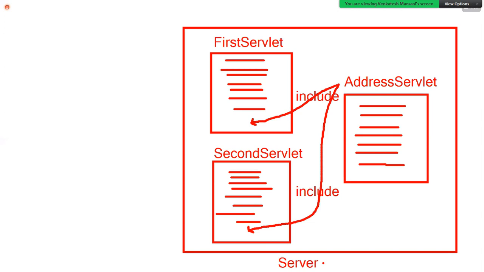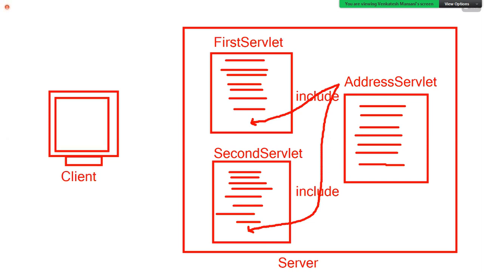From the client system we'll send the request to the first servlet. Now from the client system I'm sending a request to the first servlet. Then how many servlets executed? Two servlets.